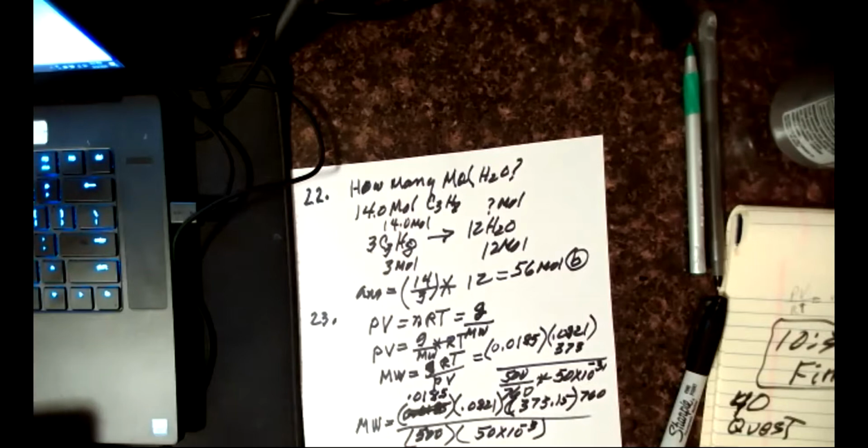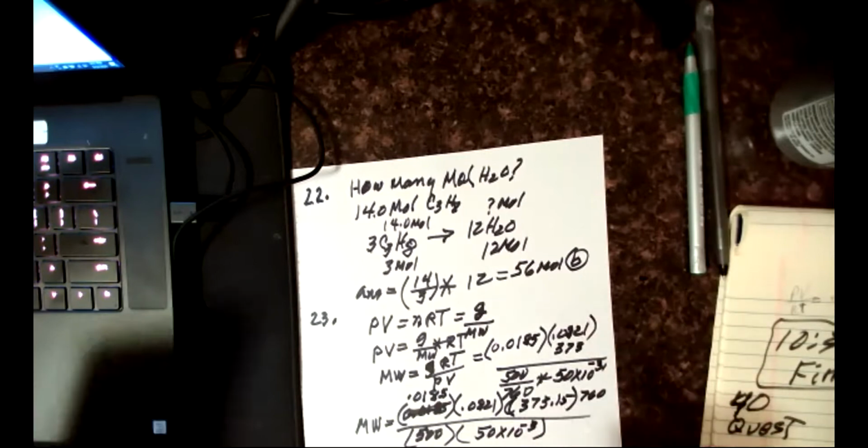Okay, so 0.0185 times 0.0821 times 373.15 times 760 divided by 500 and divided by 50 with an exponent of minus 3.